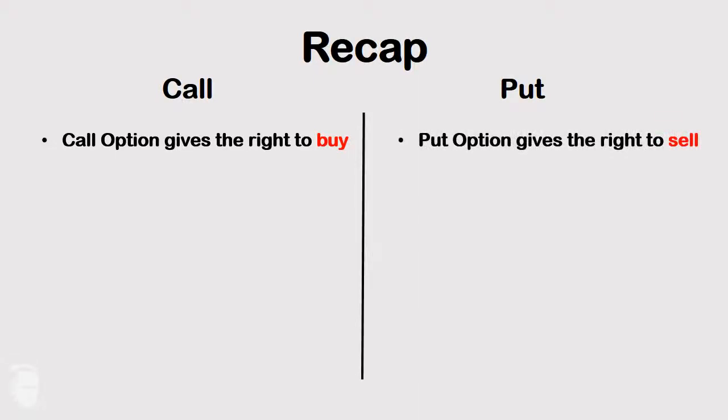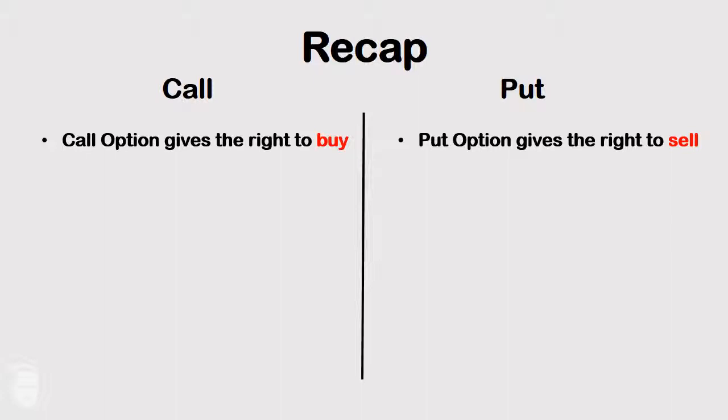All good, and time for a recap. Very early, we learned call options give you the right to buy an underlying asset. So the owner of a call option obtains the right to buy an underlying asset. The owner of a put option, on the other hand, obtains the right to sell an underlying asset.